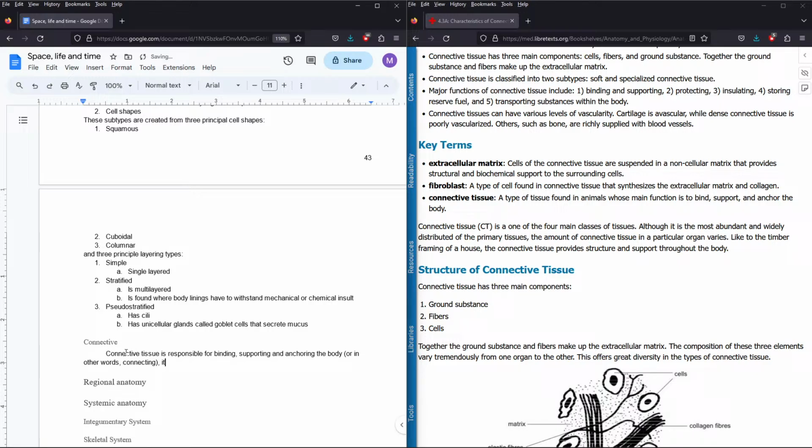Anchoring the body. It's the most abundant, right? It's the most abundant and widely distributed.